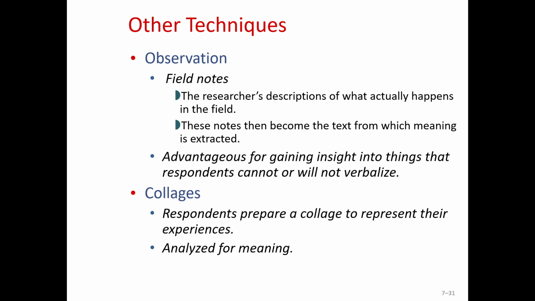Researchers may observe employees in their workplace, consumers in their home, or try to gain knowledge from photographic records of one type or another. Observation can either be very inexpensive, such as when a research associate sits and simply observes behavior, or it can be very expensive, as in most participant observer studies. Observational research has advantages for gaining insight into things that respondents cannot or will not verbalize.